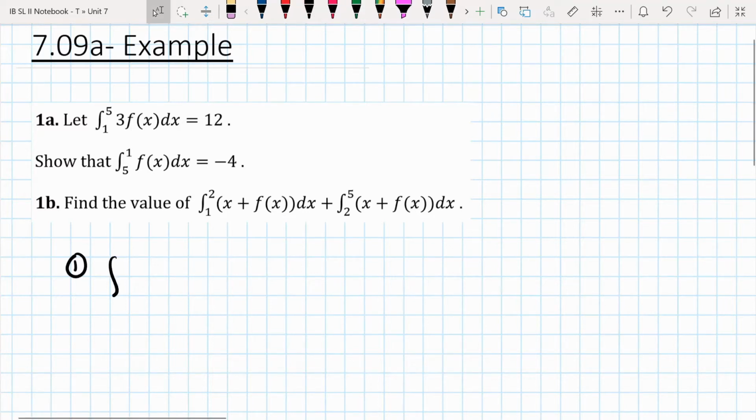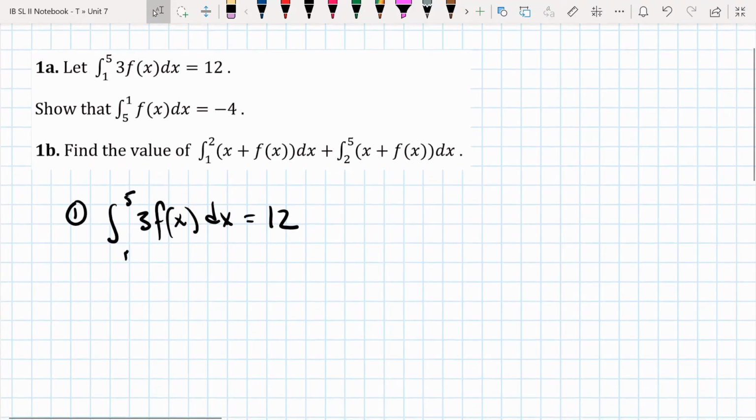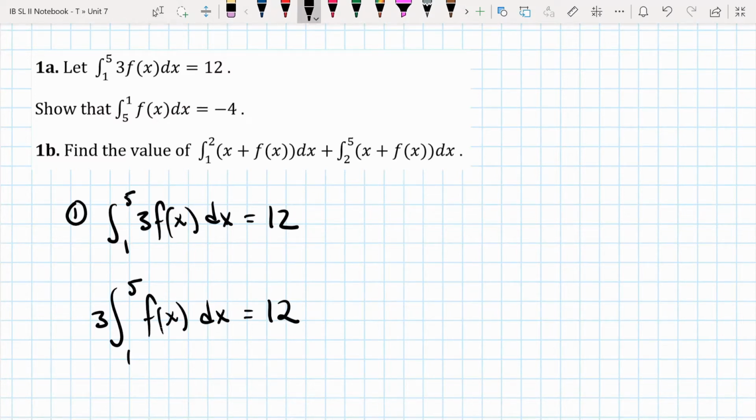So the first thing we're going to do here is use a few properties of integrals. And the first property is that if you have a constant, a term that does not have an x in it, inside the integrand, you can factor that constant out of the integral.